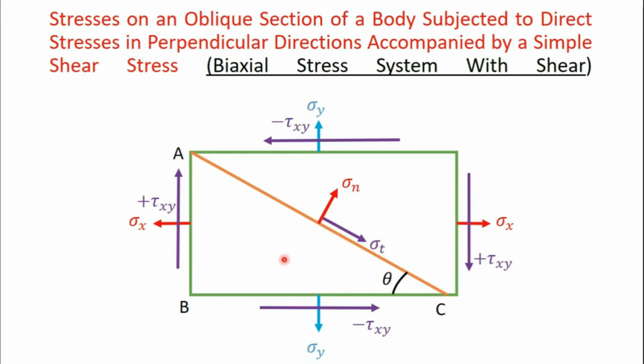One key important thing is the angle through which the plane is being measured. In my case I have measured from the x-axis, this is the x-axis, in the clockwise direction. This is very important before beginning the analysis of this biaxial system with shear, or finding the general equation of sigma n and sigma t.